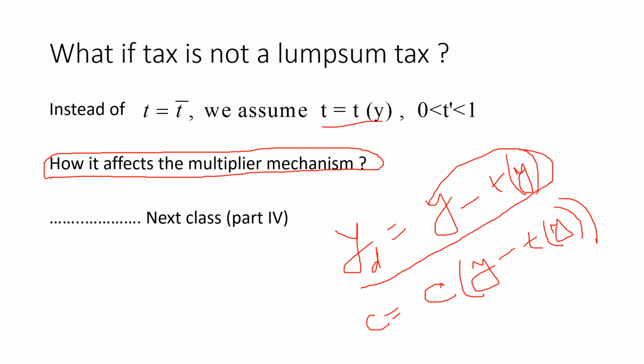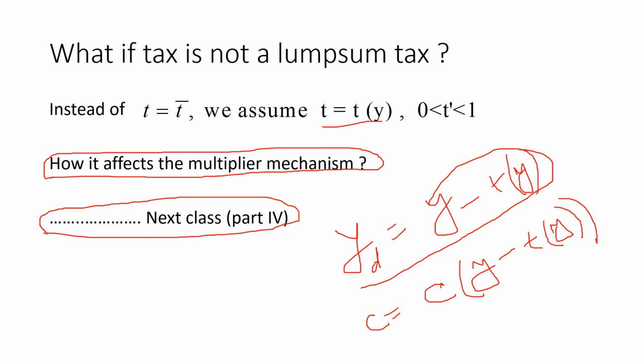That we are going to discuss in the next class. Basically, we have already completed the discussion on multipliers, different types of multipliers, particularly in the simple Keynesian model. But we just want to generalize a few things right now.